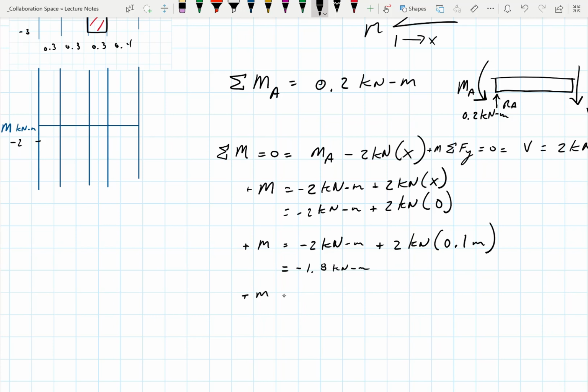Let's try it now. If this is at -2 kilonewton meters plus 2 kilonewtons times 0.2 meters, what's that going to be?